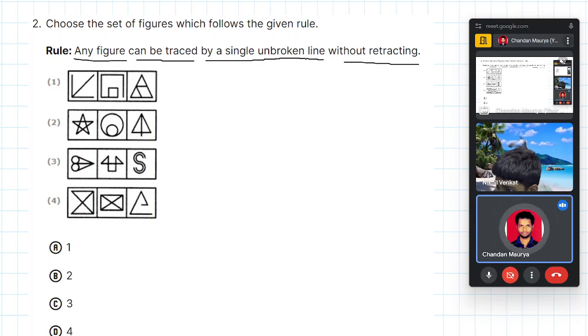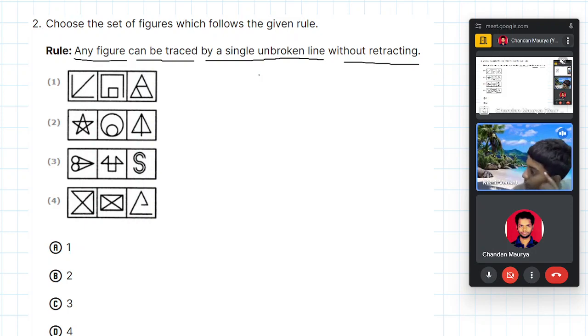It means you do not have to overlap the lines. That's simple. Any idea what is happening? So one cannot be. Sorry, it cannot be number one. You are saying correct? Yeah.